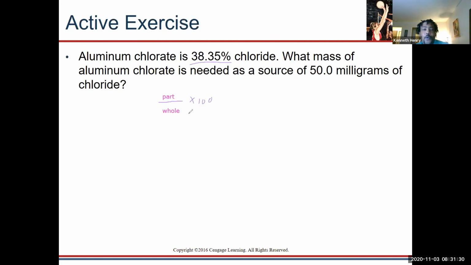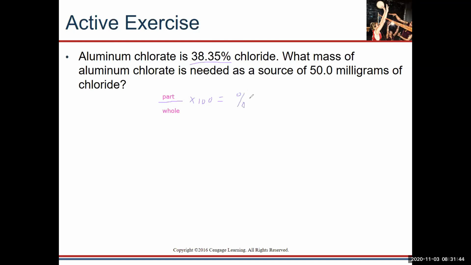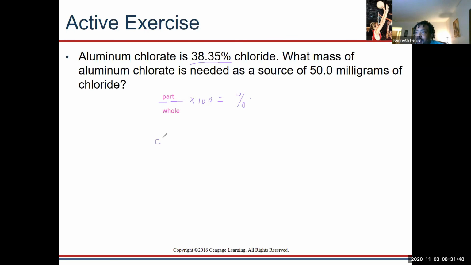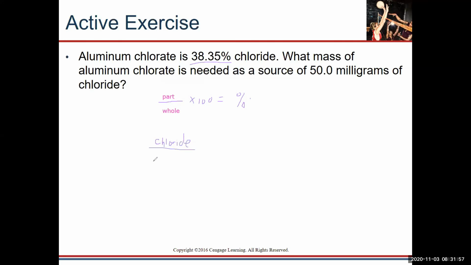Okay, so what is the part? Just tell me the chemical or the ion or whatever the part is. It's going to be the chloride. Okay, so we want chloride and the whole would be aluminum chlorate.